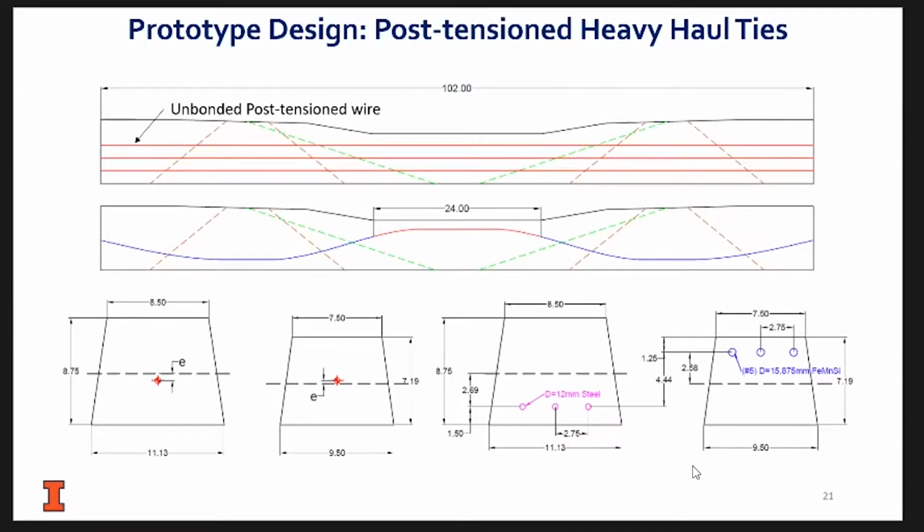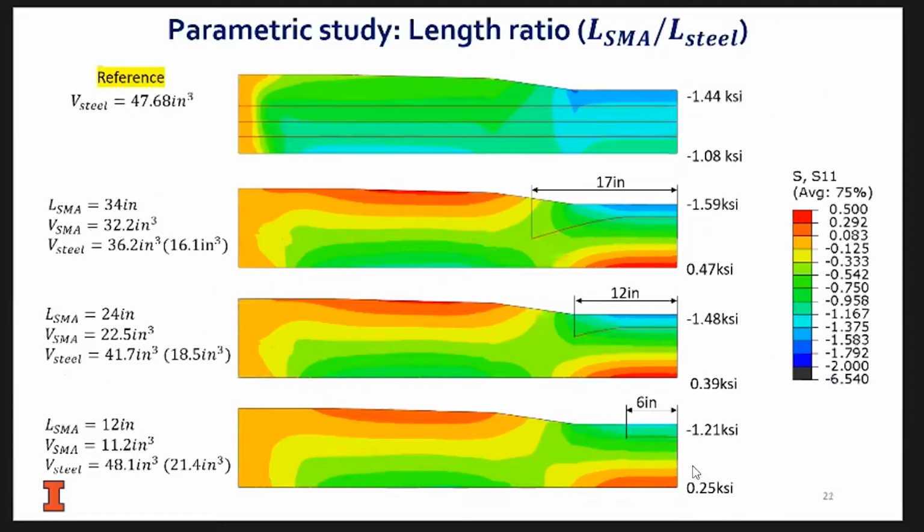So here, for example, we're using this fuse of the 15.8 or number 5 bar, connecting it with 12 millimeter diameter steel, high strength steel. And we varied that from 12 to 8 millimeter. And then we see different results. One of the parameters actually we have was the length of the fuse, 17, 12, 6 versus the length of the steel.